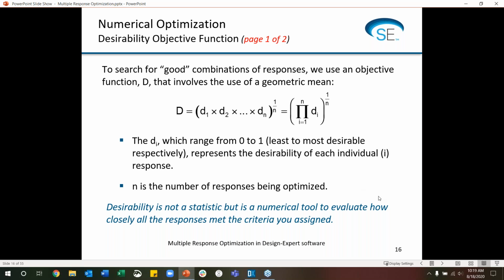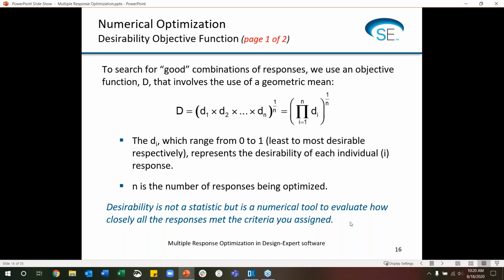Now, one really key point here that people forget is that desirability itself is not a statistic. We're not actually trying to optimize desirability. Desirability is just a numerical tool that helps us evaluate how closely the responses meet the criteria that you assign.